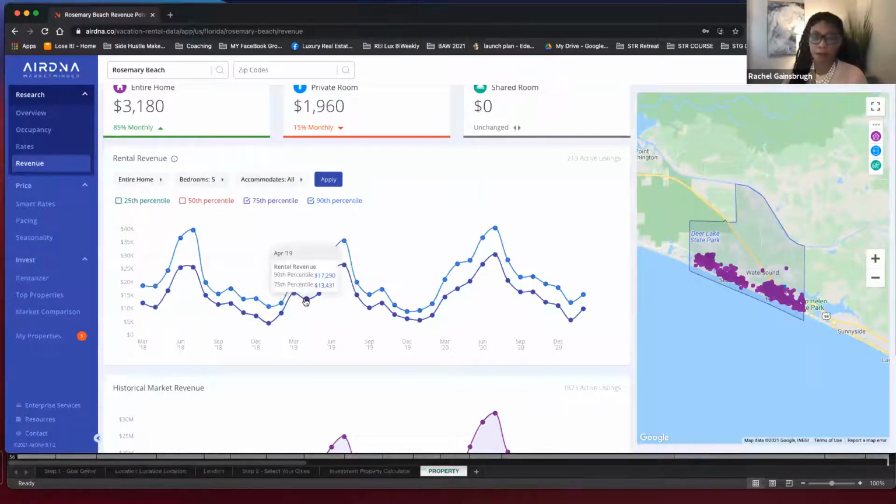So for me, based on my calculations, my months where I can generate the most revenue is from April 1st to September 1st, or September 30th, something like that. So from April to September are my biggest months that I can make revenue.